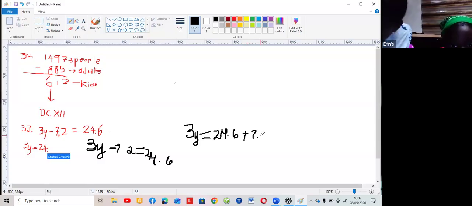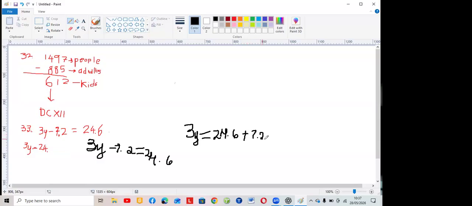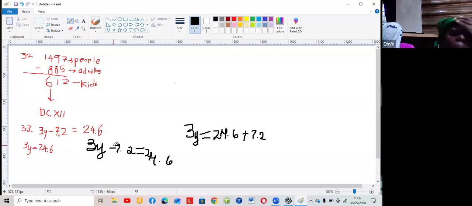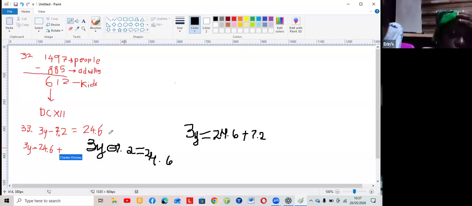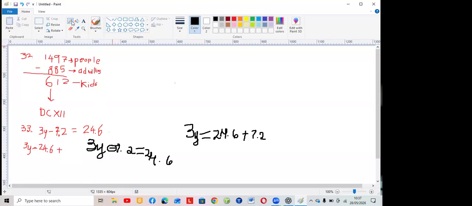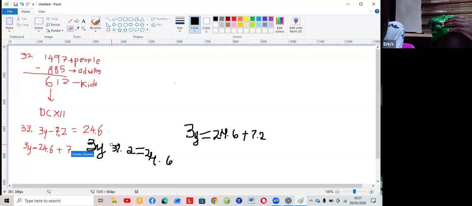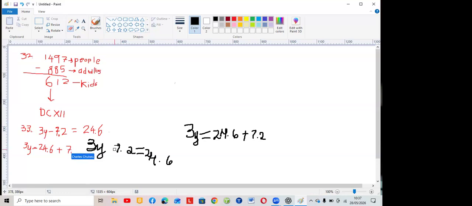Why have you forgotten that anytime we want to collect like terms, whenever things are moving, you change the sign? I have forgotten. I didn't see the minus. That minus is too small for you to see. Well done. 24.6 plus 7.2 is what?